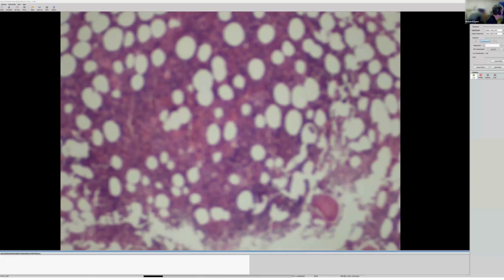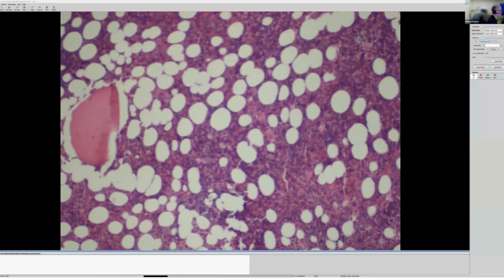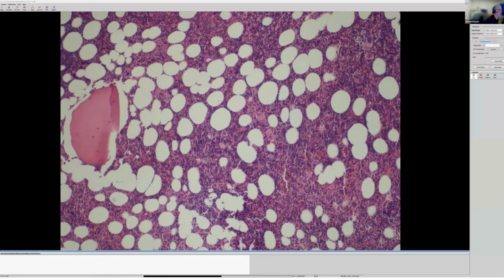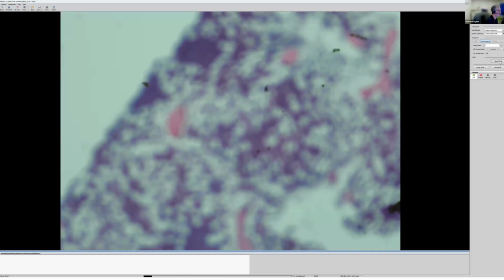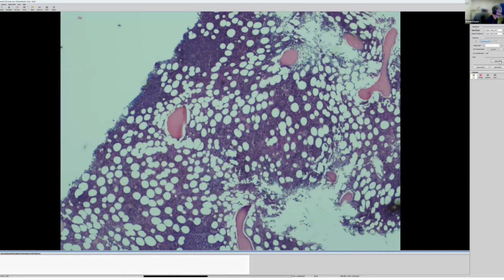And it's a really interesting case, this. So let's get in focus. So we've got quite a good trephine sample. I'll give you his full blood count.